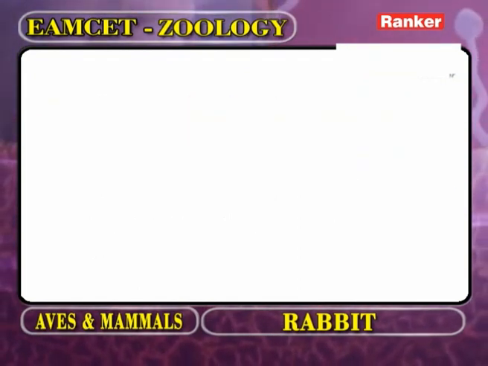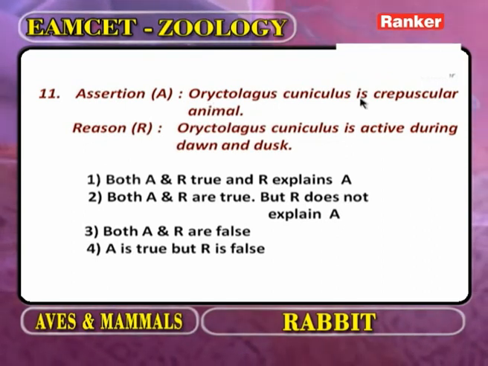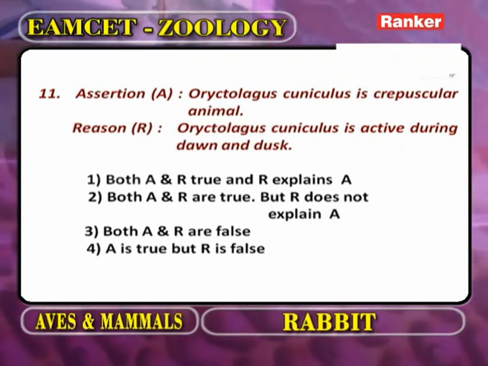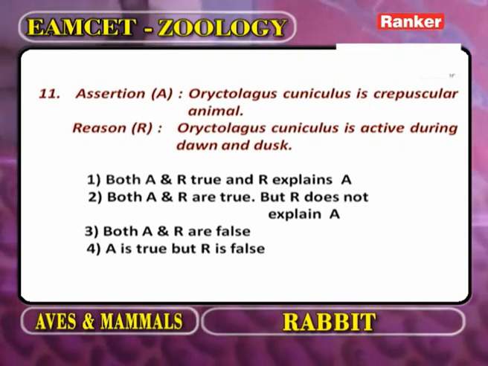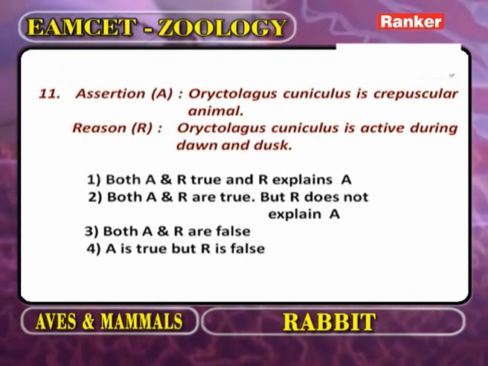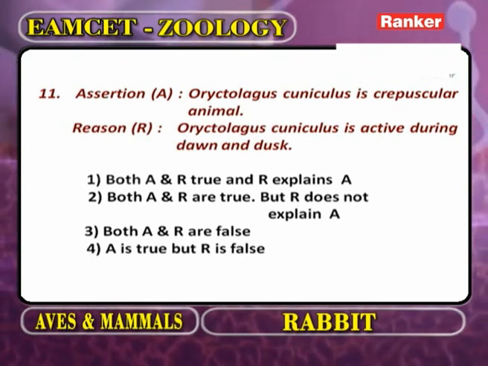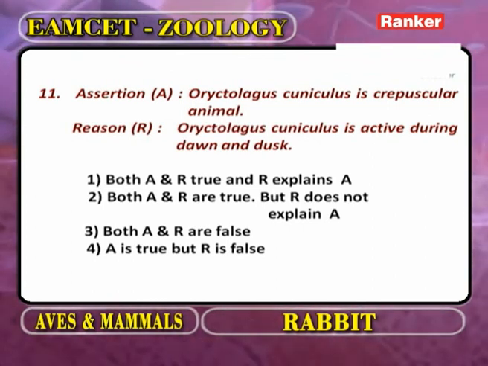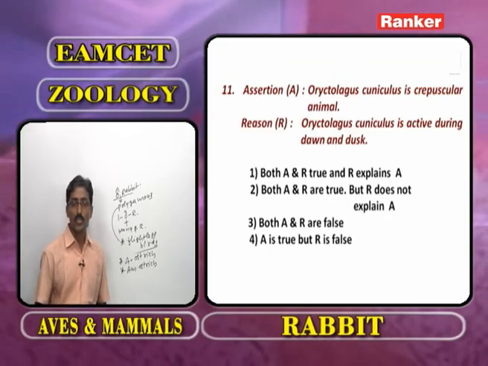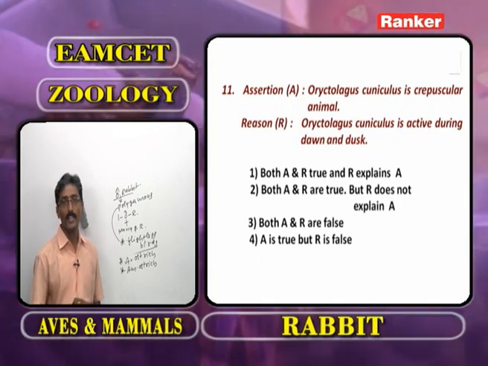Now we go for the next question. Again, assertion: Oryctolagus cuniculus. We know very well, it is the scientific name. Oryctolagus is the genus, cuniculus is the species. We know very well the common name: rabbit. Now, the rabbit is crepuscular. Reason: Oryctolagus cuniculus is active during dawn and dusk.